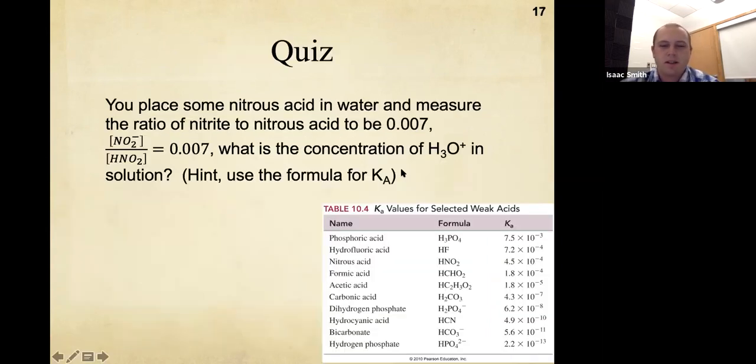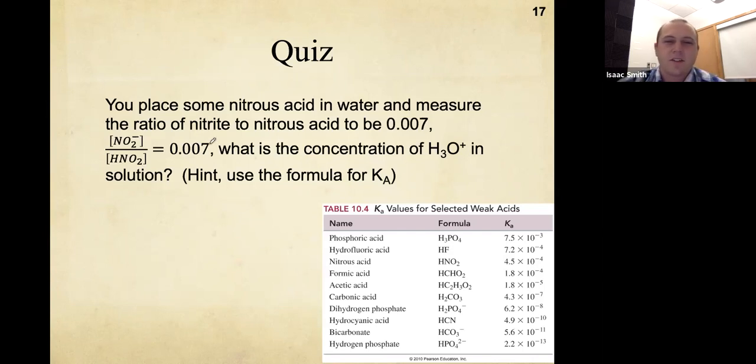All right, go ahead and pause the video and try this question out. Okay, so this says you place some nitrous acid in water, and measure the ratio of nitrite to nitrous acid to be 0.007. What is the concentration of H3O plus, so hydronium, in solution? Hint, use the formula for Ka.